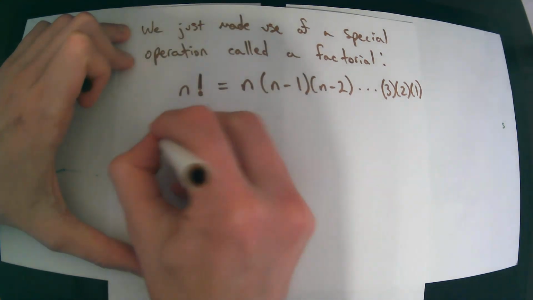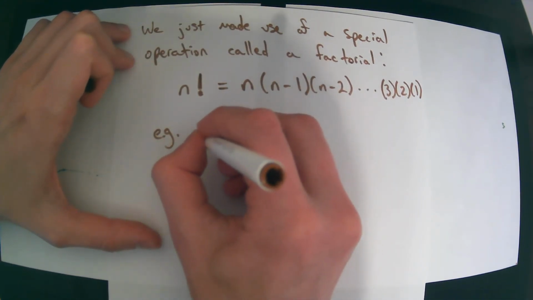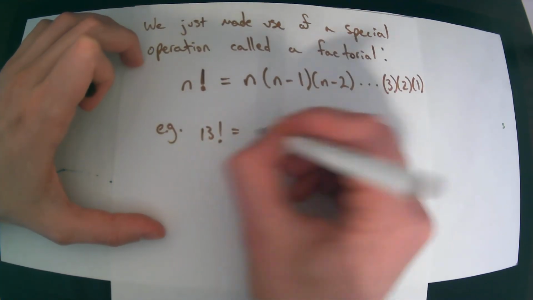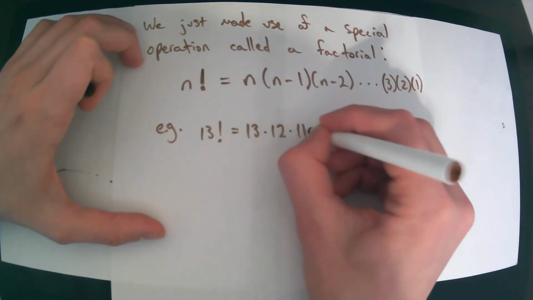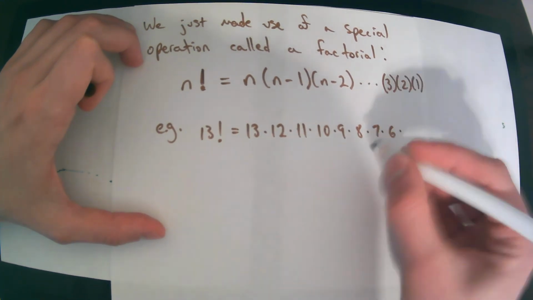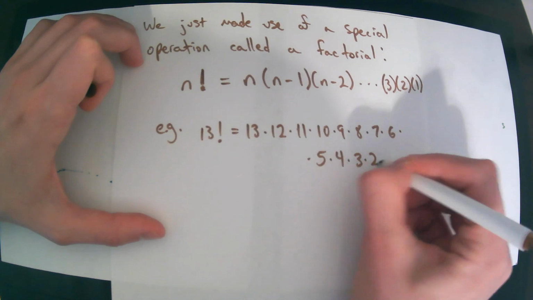So for example, 13 factorial is equal to 13 times 12 times 11 times 10 times 9 times 8 times 7 times 6 times, and then I ran out of room, so I'll bring it down here, 5 times 4 times 3 times 2 times 1.